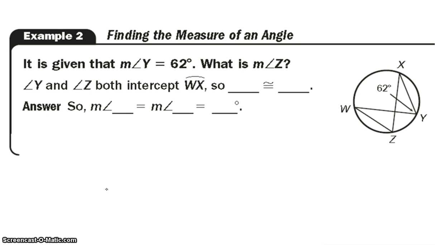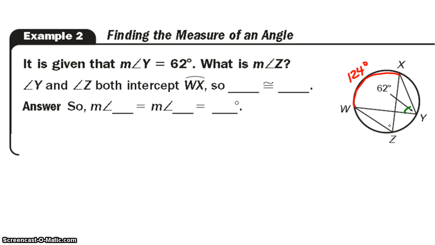Alright, and so here was the second part of that theorem. Remember that when I have two inscribed angles that intercept the same arc, the two angles must be the same measure. So I know if WYX is 62 degrees, okay, then I know that this arc must be twice that, or 124 degrees.